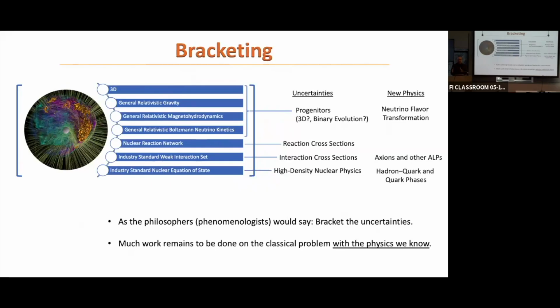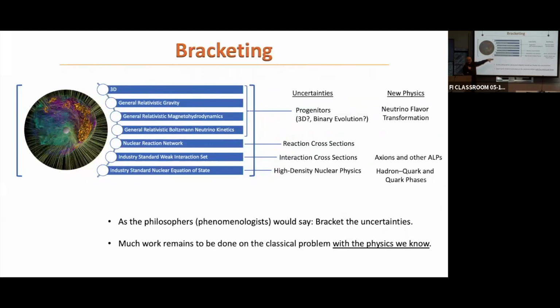So why all the worry about precision modeling, given that, right? Same thing with other uncertainties in the problem, or additional physics that may be relevant that we don't know how to handle yet. I'm happy to talk about all of these in the question and answer period.